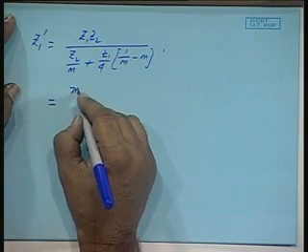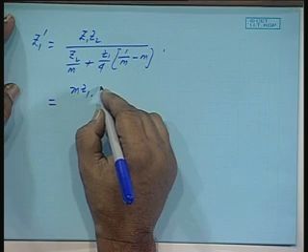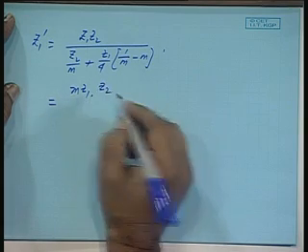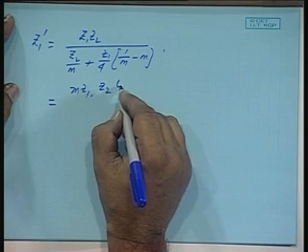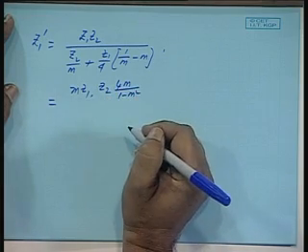So, m Z1 into Z2 into 4m by 1 minus m square.